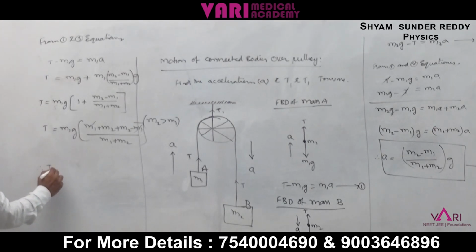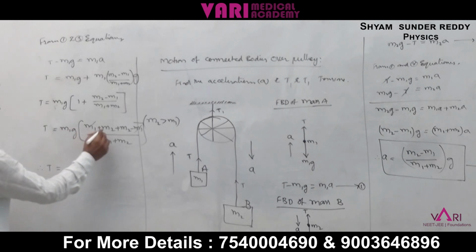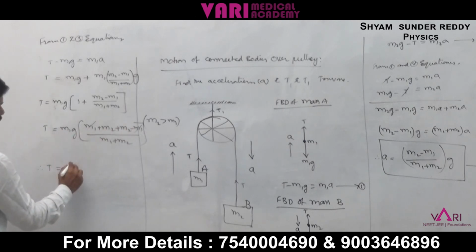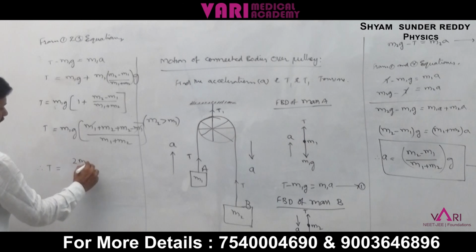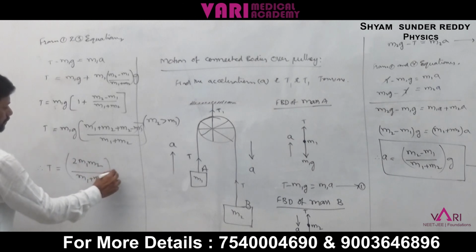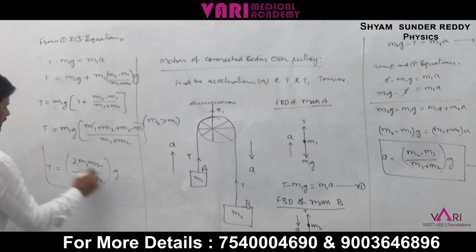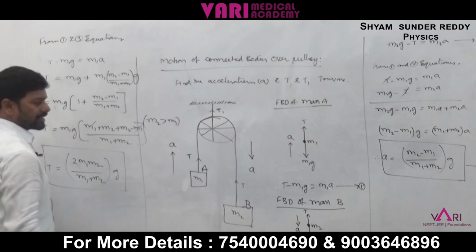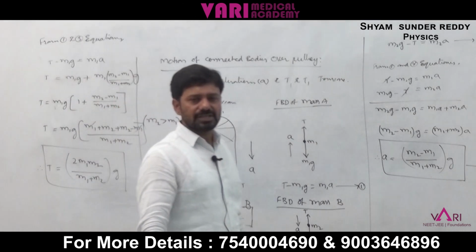Therefore tension T is equal to 2 m1 m2 by m1 plus m2 into g. This is the tension in the string.